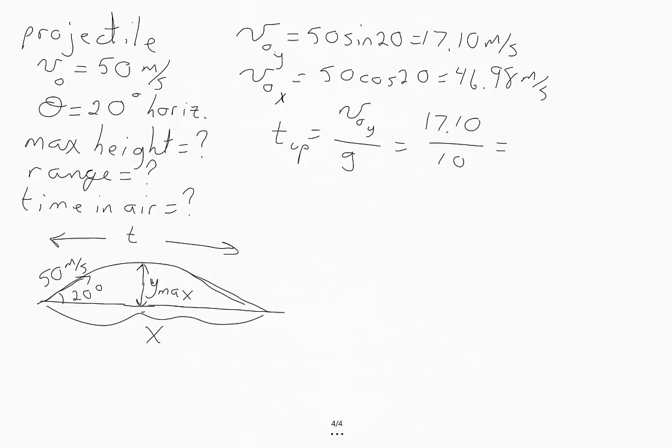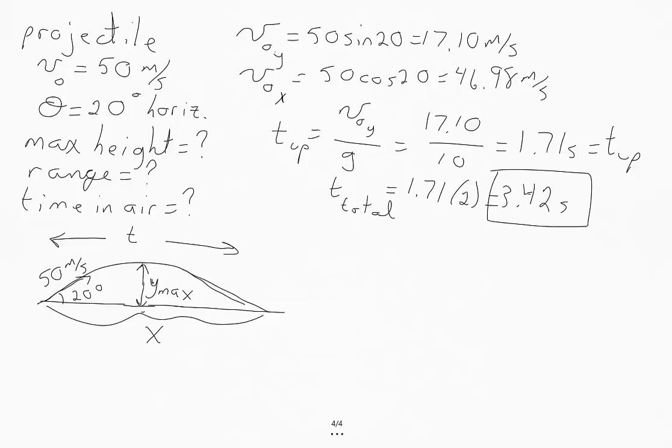So the time up is 1.71 seconds, which means that time total is going to be twice that, which is 3.42 seconds is the total time that it's in the air. So from that, I've got that one.